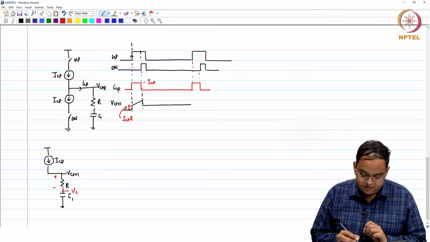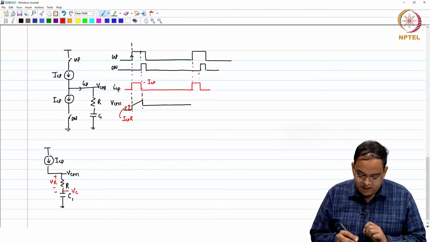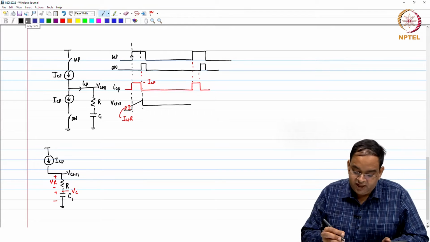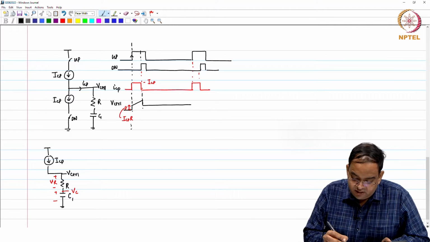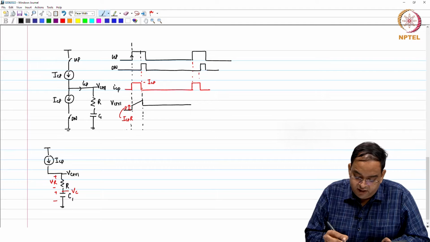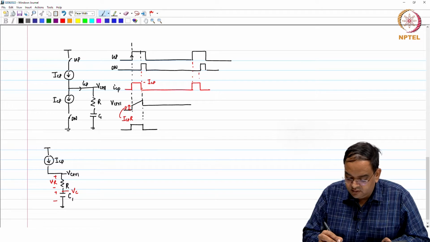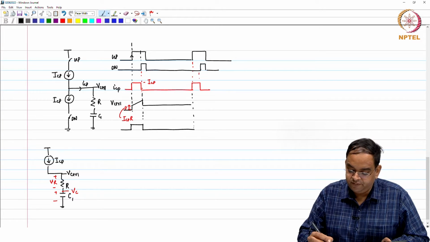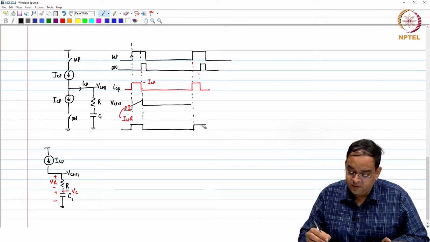So, this Vc and Vr, the voltage across the capacitor and resistor, can be drawn here. So, I will say that there is a voltage like this, okay.